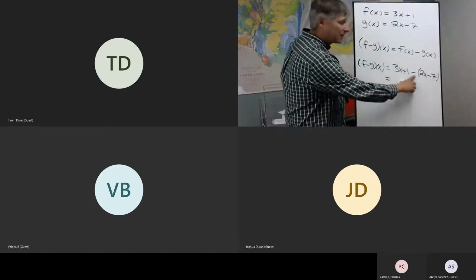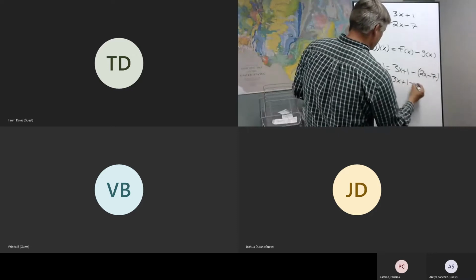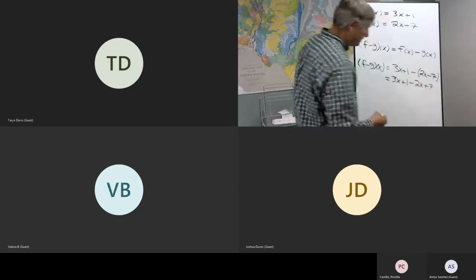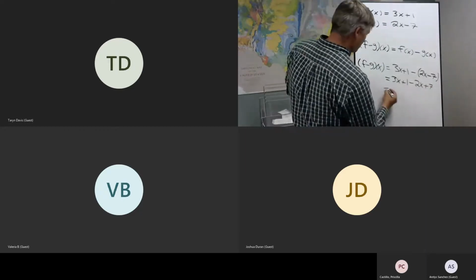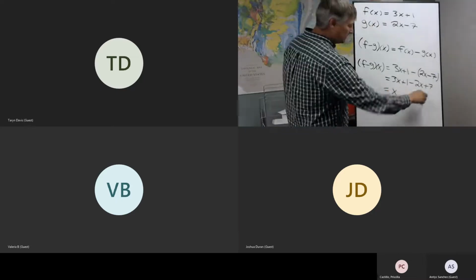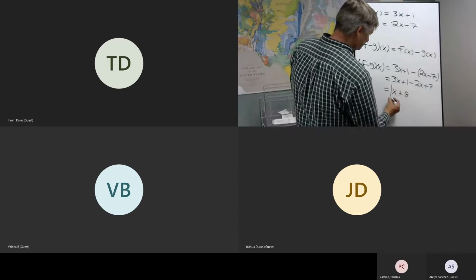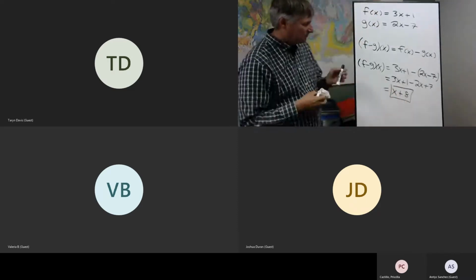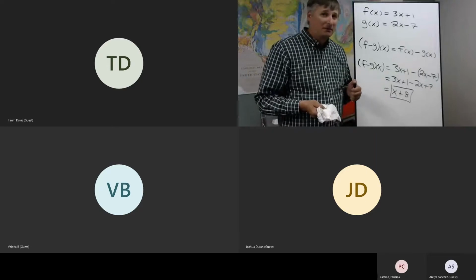We'll distribute this minus sign. So you have 3x minus 2x. That's just x. And then 1 plus 7 is 8. Questions about that?